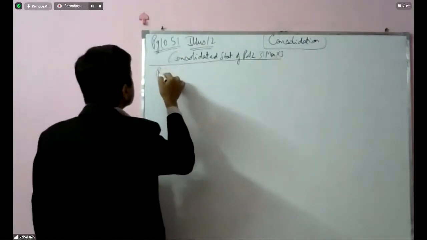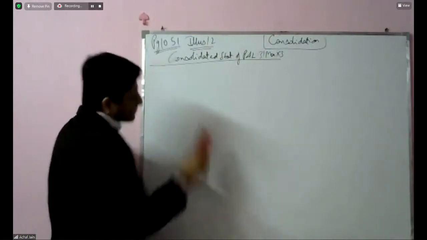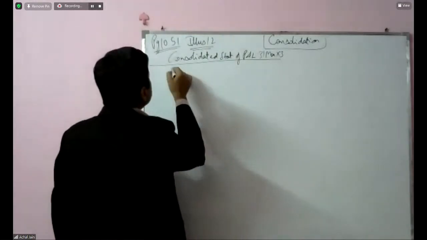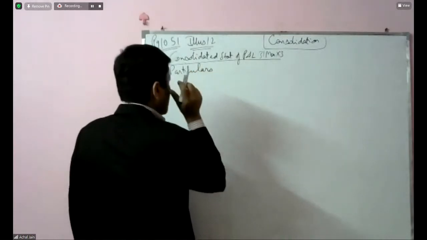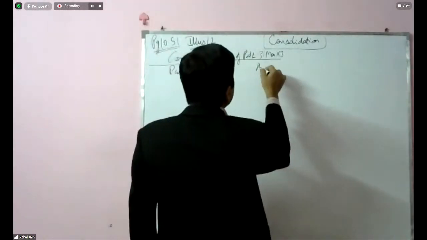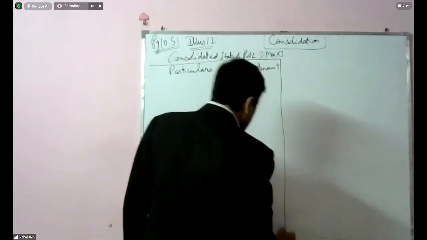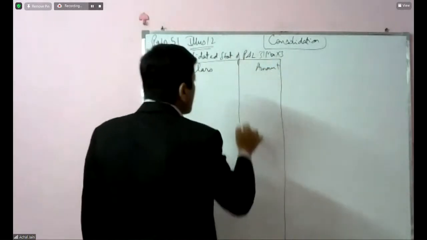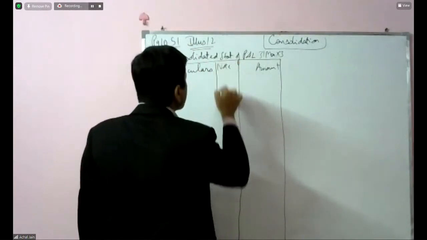First, we have the particulars, amount, and we can get the note reference.